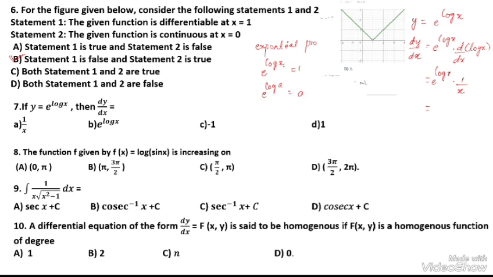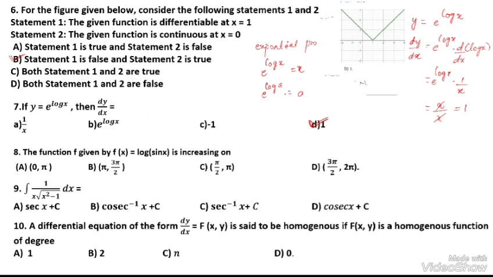Here e to the power log x is x. Here 1 by x, x gets cancelled. We have the value 1. Here in option number D, y is equals to e to the power log x, then dy by dx will be 1.